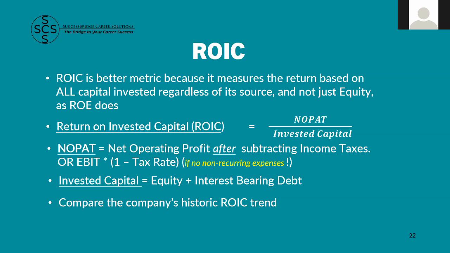So for example, a company in the IT sector will have relatively low capital requirements compared to one in the manufacturing sector. So comparing ROICs between the two sectors will not be meaningful. Rather, we need to compare companies within the same industry to get correct relative efficiencies and profitability metrics.